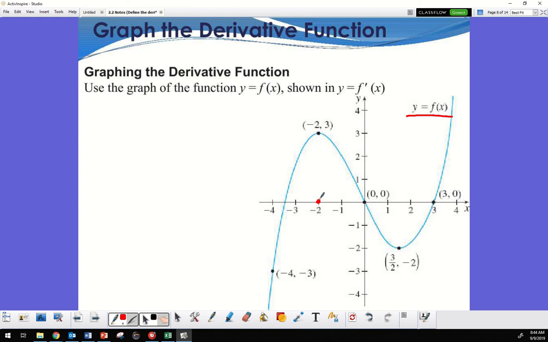Now, let's see. On this roller coaster, I'm going from here down to here. So now over here at 3/2, what is the slope at 3/2? 0. There we go. Now, let's talk about behavior here. All the way from this point on to the left, what is that graph doing? Look at the graph. Increasing, right?